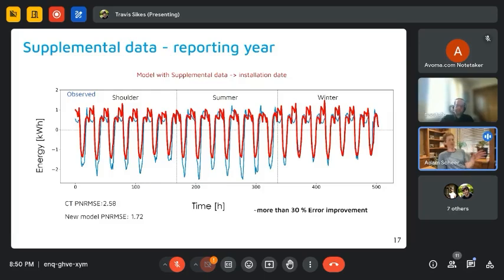Now you can take the model that you developed from March 1st through October 31st, and say, okay, this is our model. And now we're going to project that model forward into the winter time period, and take the difference between that projection and the actual observed data as the impact of the solar PV panels themselves.